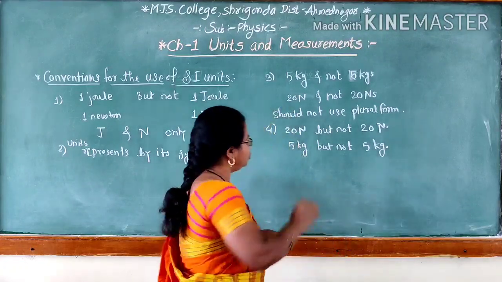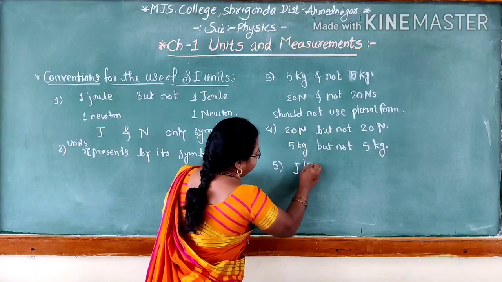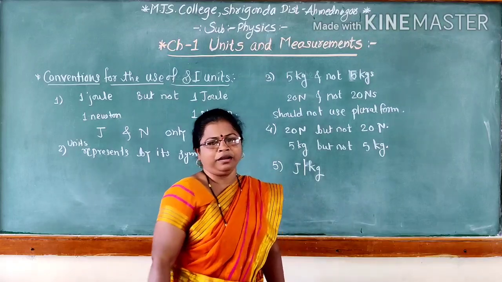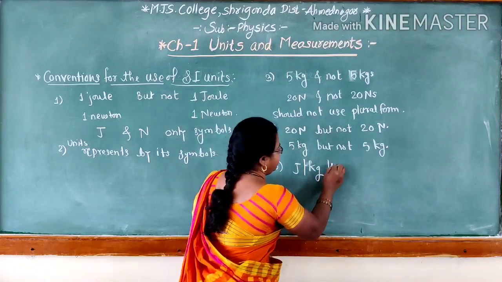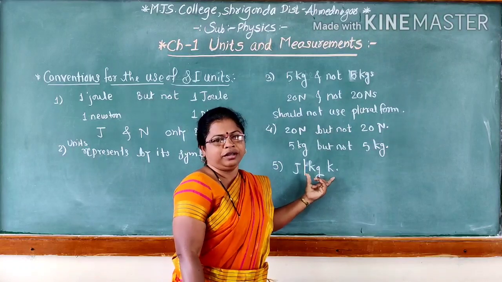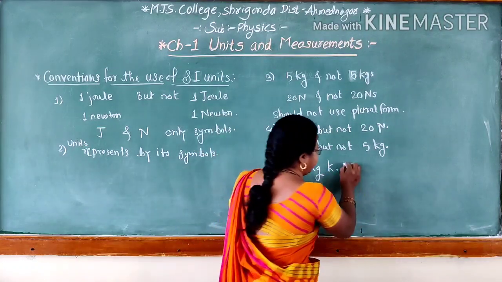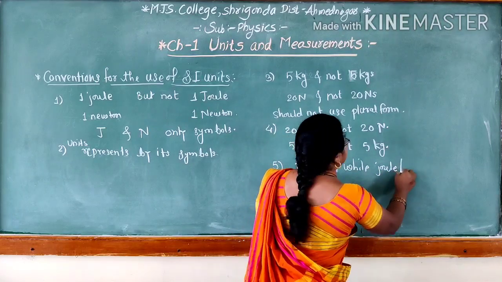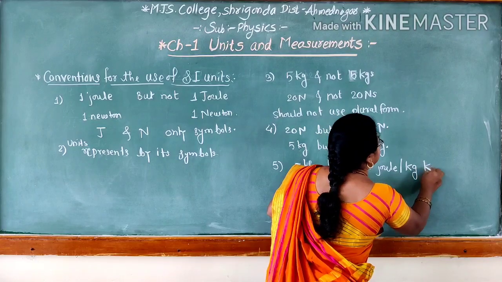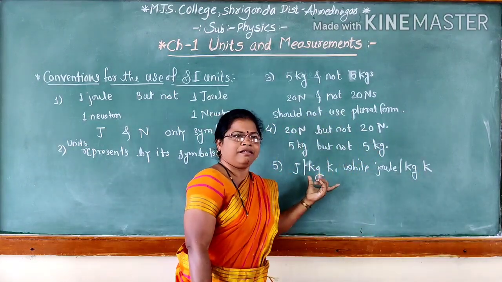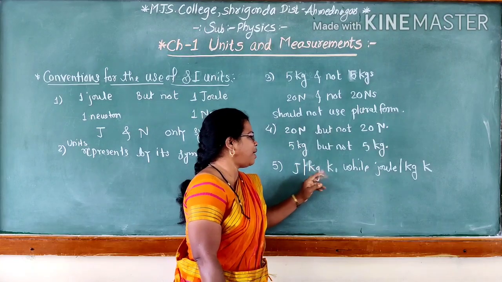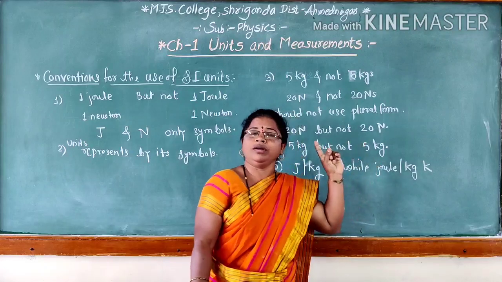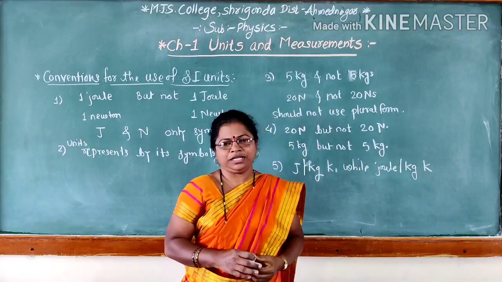For example, joule per kilogram kelvin is one unit. We do not have to write it in symbol form. That means this is in the MKS system, joule per kilogram kelvin, and we do not write it in the other way when there is a combination of more than 2 units.